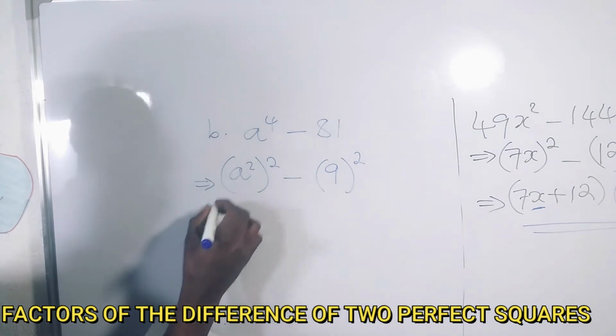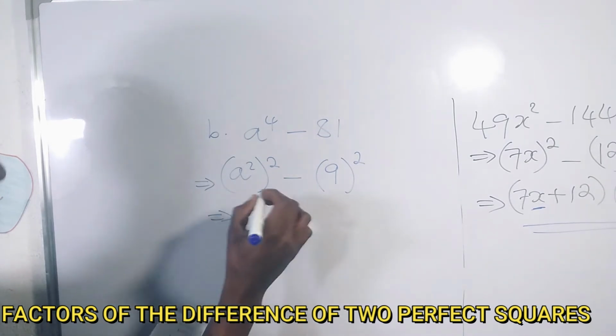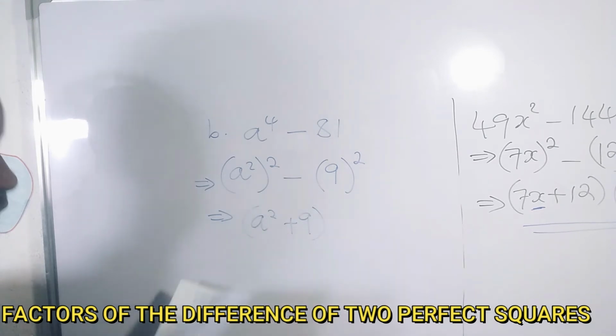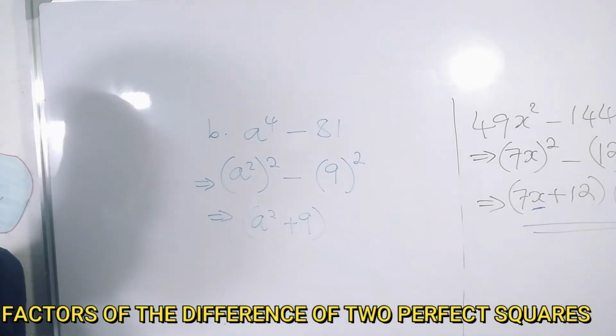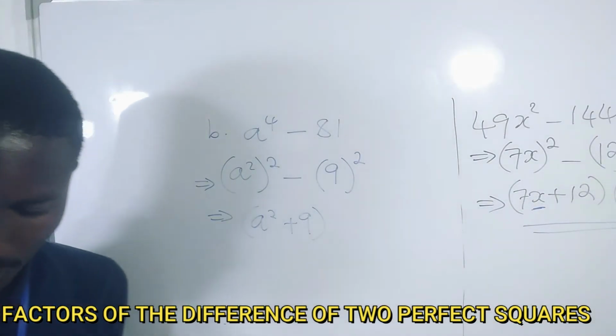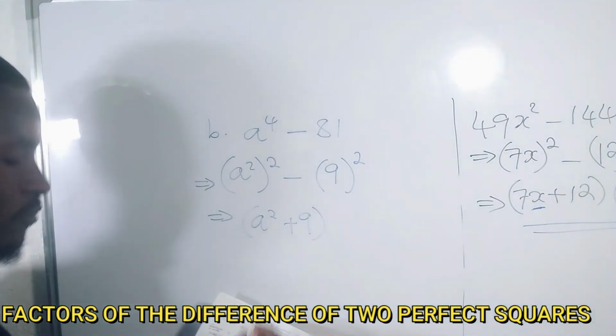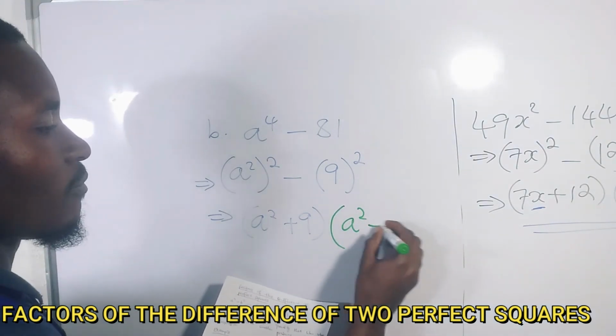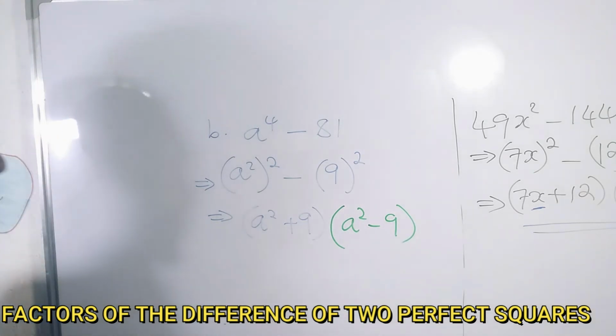So we are going to have a squared minus 9.